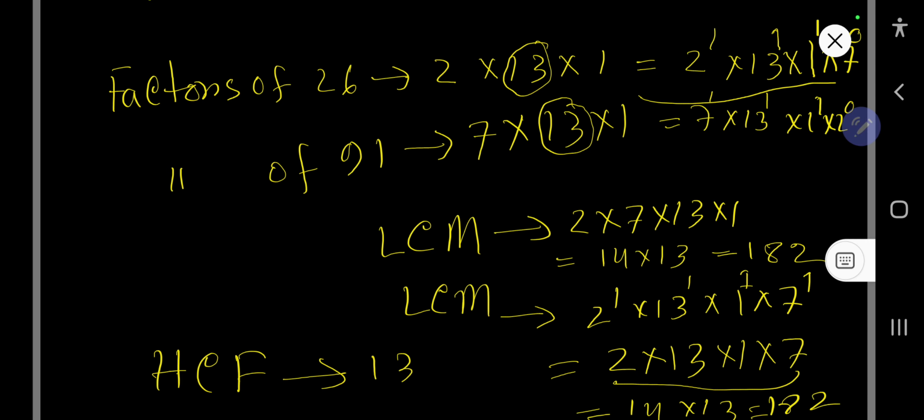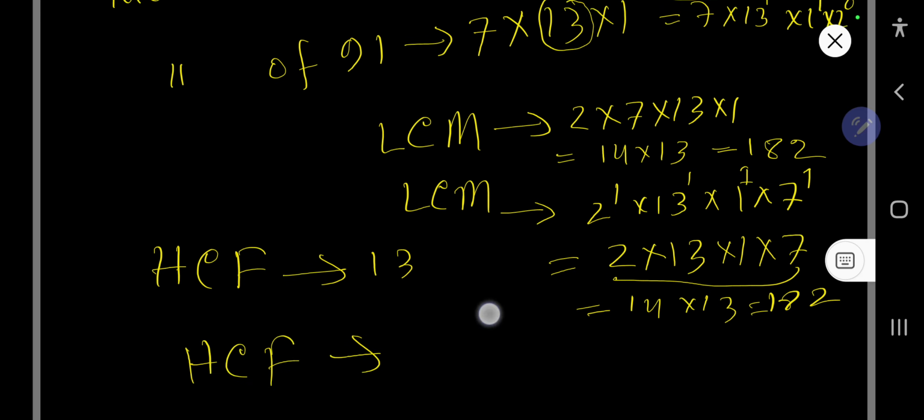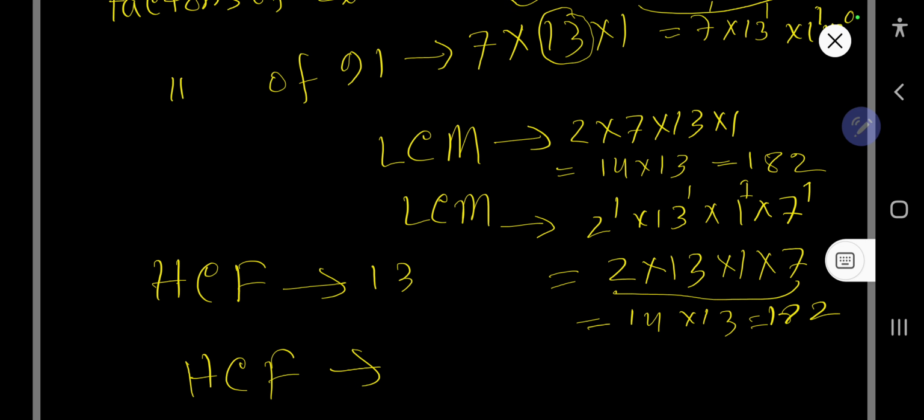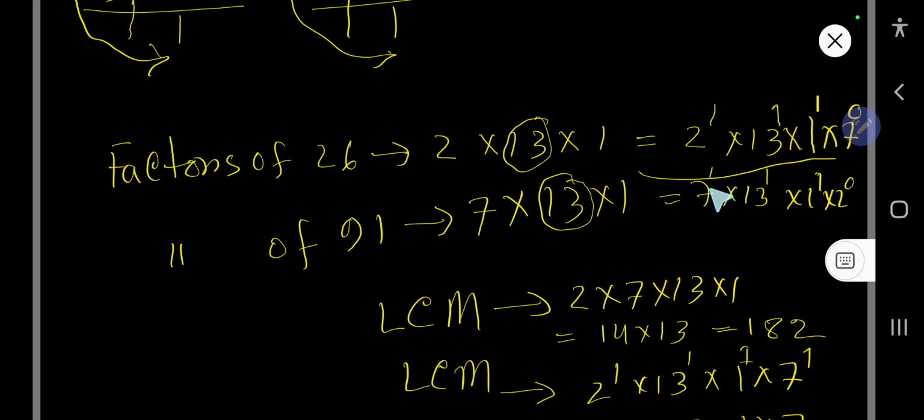So the HCF of 26 and 91 is 13, but using powers, how can you find out the HCF? So we have to consider the highest common factor. So look at the powers of these two numbers. So the highest common factor, see here is 13, right?